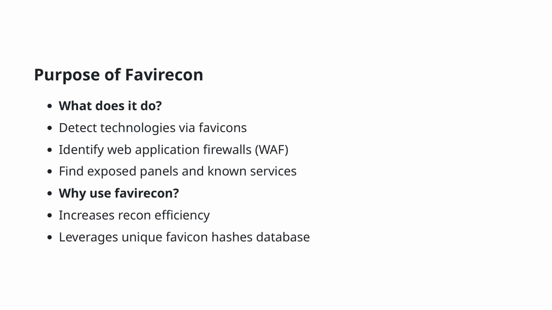It also efficiently identifies the presence of web application firewalls (WAF), and hunts for exposed panels and known services. Using Favirecon significantly increases recon efficiency by utilizing a unique and comprehensive database of favicon hashes, making it a powerful asset for penetration testers, security analysts, and cybersecurity enthusiasts alike.